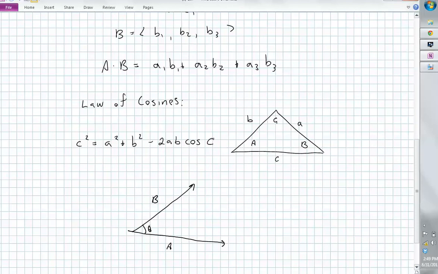Now, I know what you're thinking. You're thinking, well, these are vectors in 3 dimensions, so they're like this, and I'm drawing them on the plane. But it's okay, because I can always take a couple of vectors like this and get them into a plane. I can just lay them down. So I haven't really lost any generality. A and B are 3-dimensional vectors, and I've decided to consider them in the plane that they lie in.